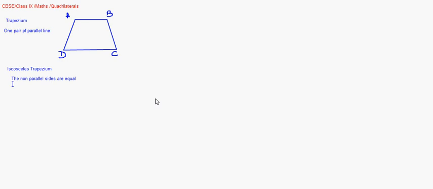Then comes a parallelogram. I again name it as A, B, C and D. This is a parallelogram.